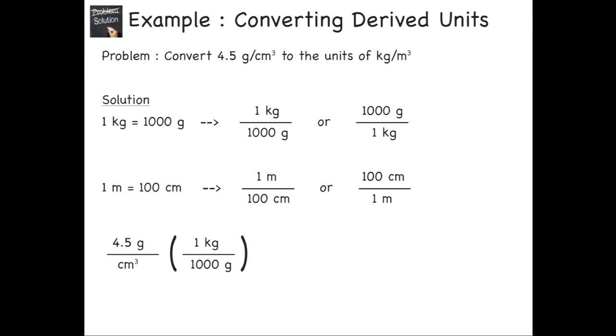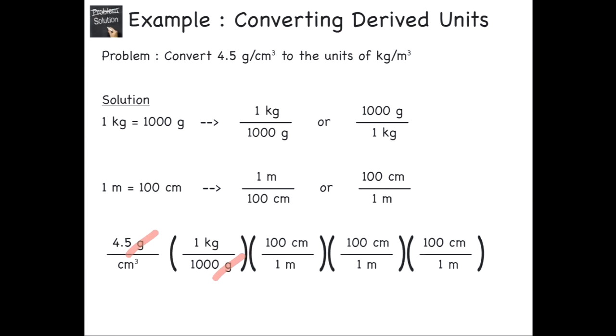But we have centimeters cubed. I only gave you something for centimeters, right? But centimeters cubed is just centimeters times centimeters times centimeters. So I'm sorry, the grams canceled out. So now I'm just going to apply the conversion factor that has the centimeters on top, so it has a chance of canceling these centimeters cubed. Apply it 3 times. So this centimeter times this centimeter times this centimeter cancels out that centimeter cubed.